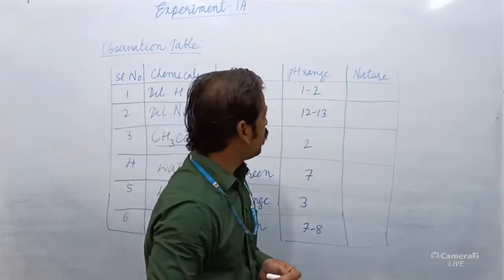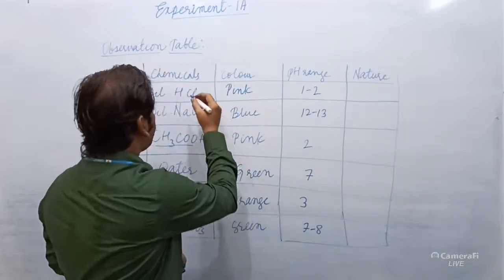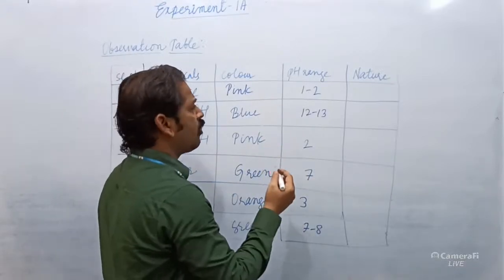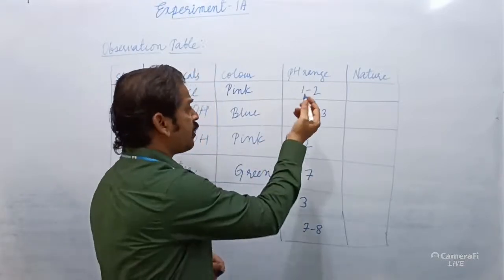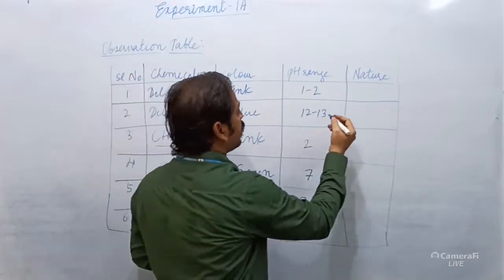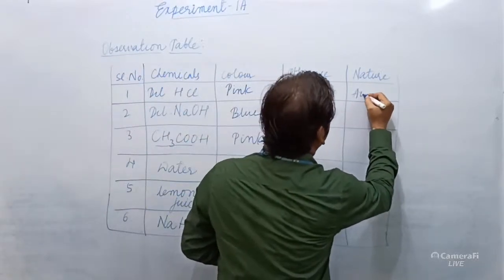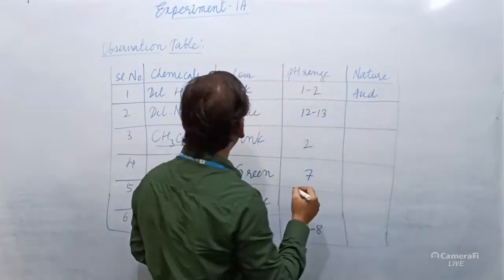A range is there. Now what we have got is dilute HCl. How do we identify its nature? Now we go for the result. Actually, the pink color has pH 1 to 2. It is acidic in nature.